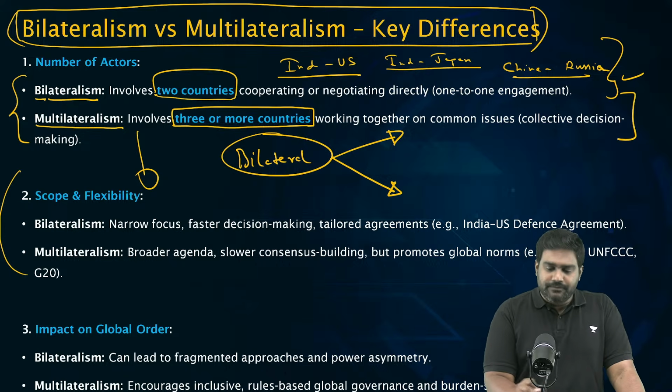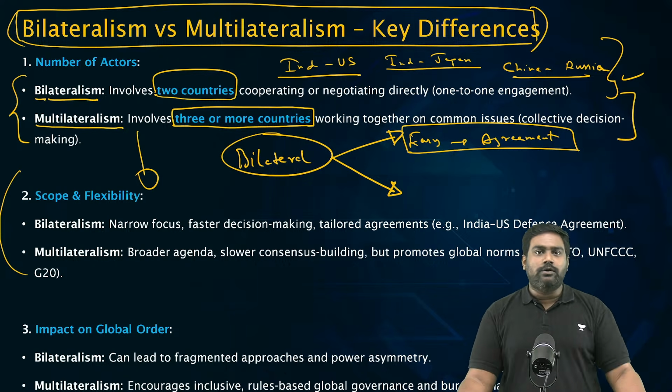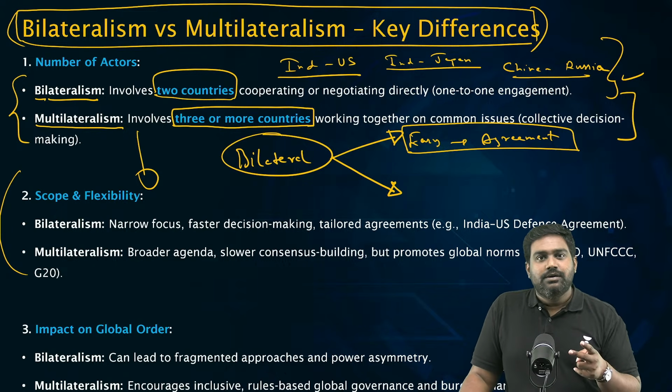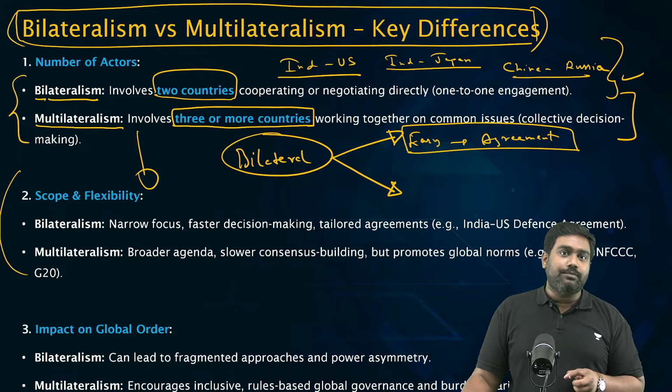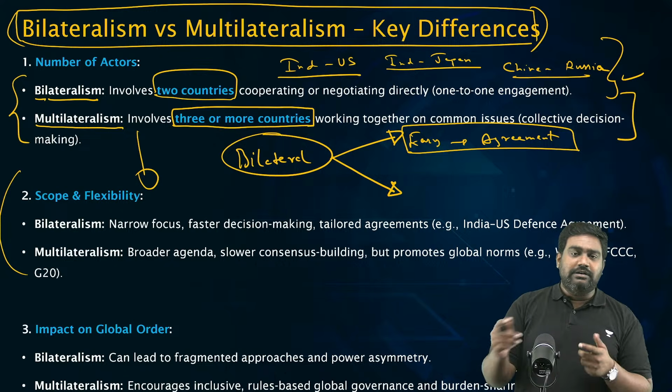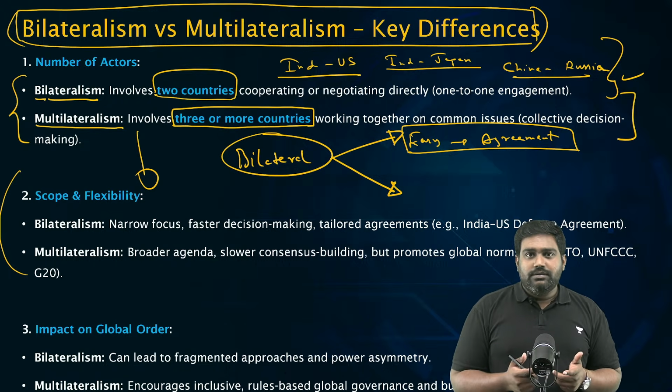In bilateralism, sometimes it is easy to reach an agreement. Why? Because there are only two people involved, two countries, two governments. India and the US can arrive at a deal for their trade partnership. India and Japan can arrive at an agreement for their technology partnership. I hope this makes sense.